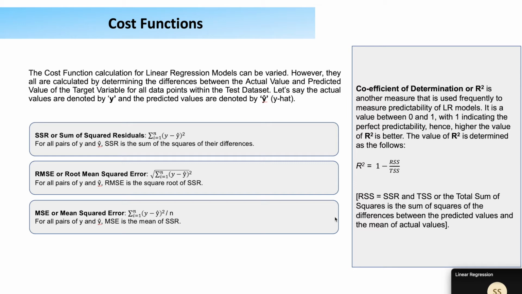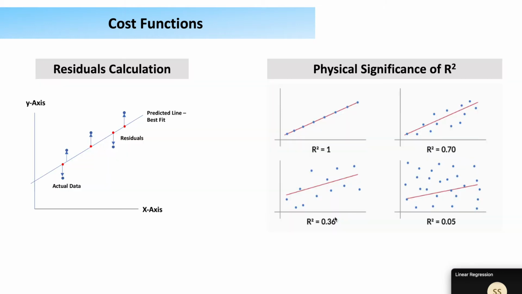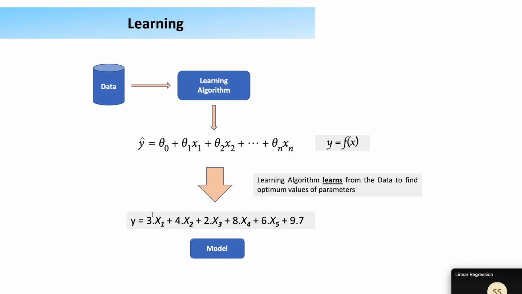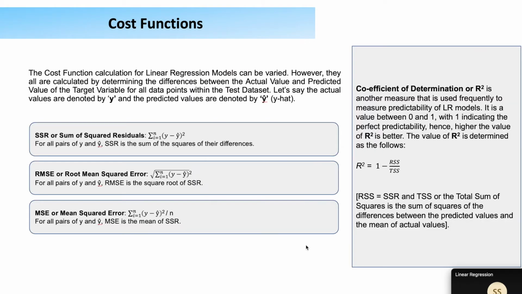Now, going over this very quickly: the machine learning algorithm learns the model parameters. How does it learn? It uses an approach called gradient descent, which initializes the model parameters theta 0, theta 1, theta 2, theta 3, etc., with some random values to start with.